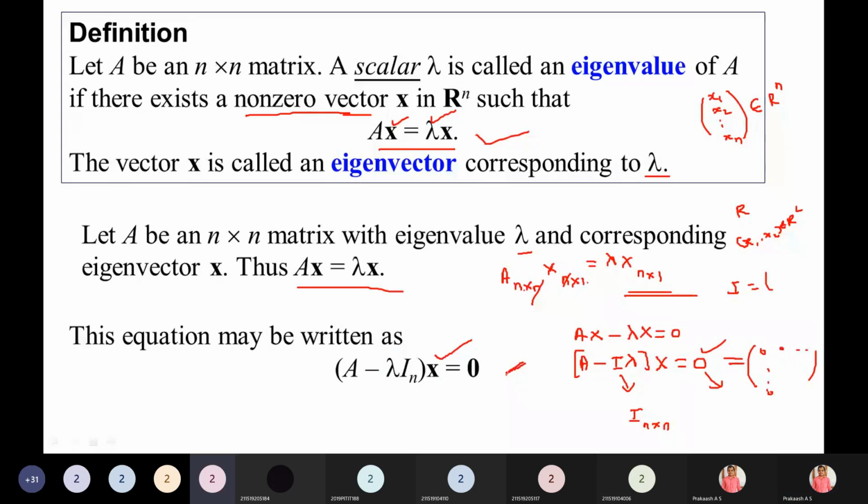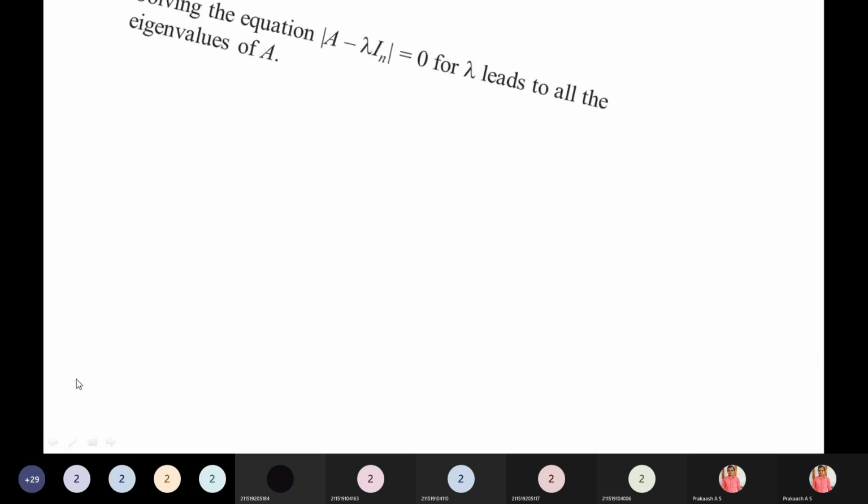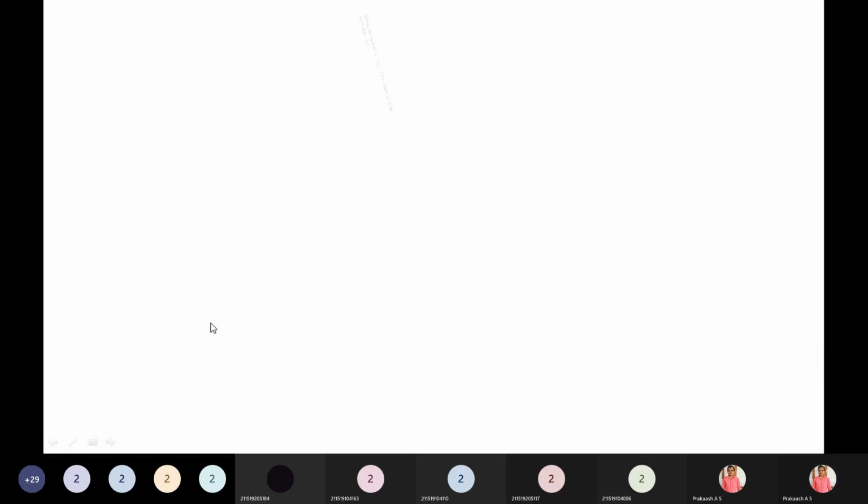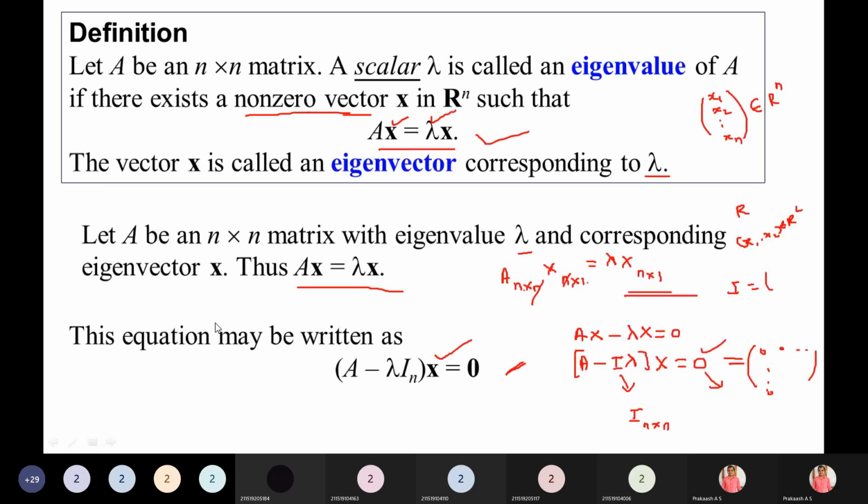Sir, how did we write lambda as I lambda? Well, see, suppose I take the matrix A as 1, 2, 0, 3, and some scalar lambda.